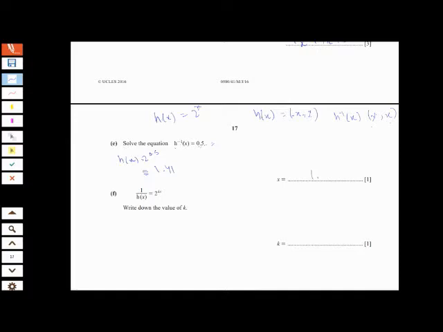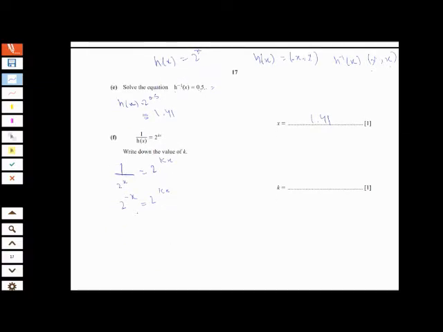And now write down the value of k. 1 over h(x), so basically h(x) is 2 to the power of x, and when it's 1 over 2 to the power of x, you know that it's 2 to the power of negative x, equals 2 to the power of kx. And when the bases are equal, the indices should be equal as well.